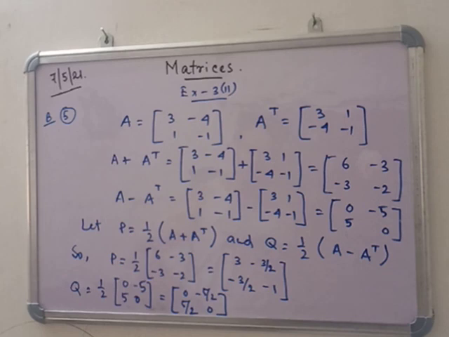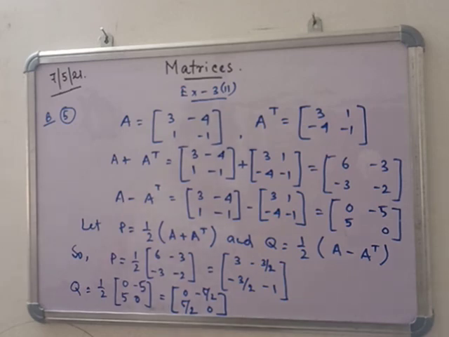So P equals half of 6, minus 3, minus 3, minus 2, that is 3, minus 3 by 2, minus 3 by 2, minus 1, and Q equals 1 by 2 of 0, minus 5, 5, 0. That means 0, minus 5 by 2, 5 by 2, 0.